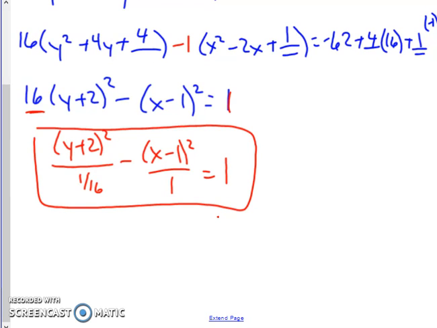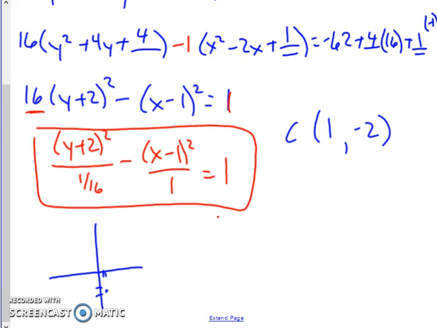So our center is still going to be h, k. So opposite of h, which would be 1, opposite of k, which would be negative 2. And then we can think about our vertices. And again, I always like to go ahead and graph that. So if I have the center of 1, negative 2, that would be around about there.